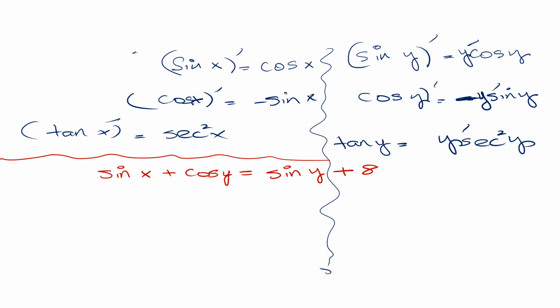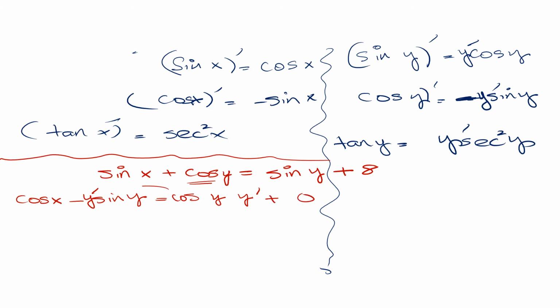Okay, let's try to solve this question. So the derivative of sine x is cosine x. The derivative of cos y is negative sine y, and y prime, equals the derivative of sine y, which is cos y, y prime, plus the derivative of 8, which is 0.